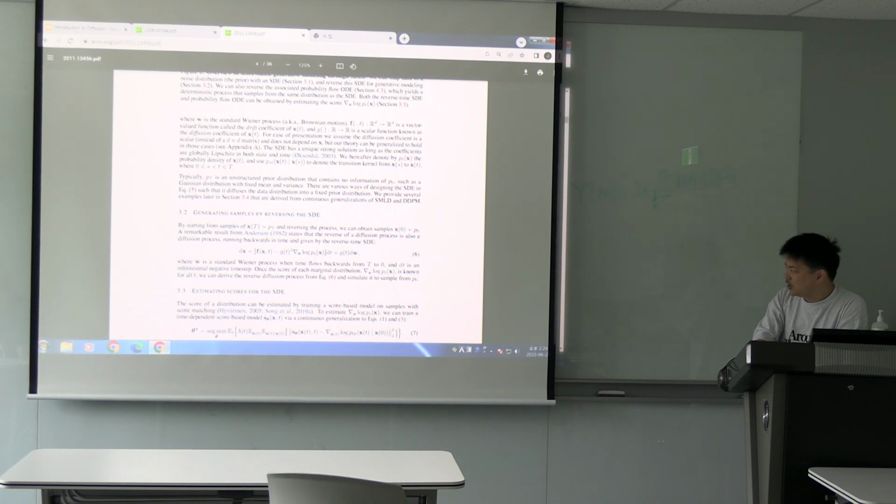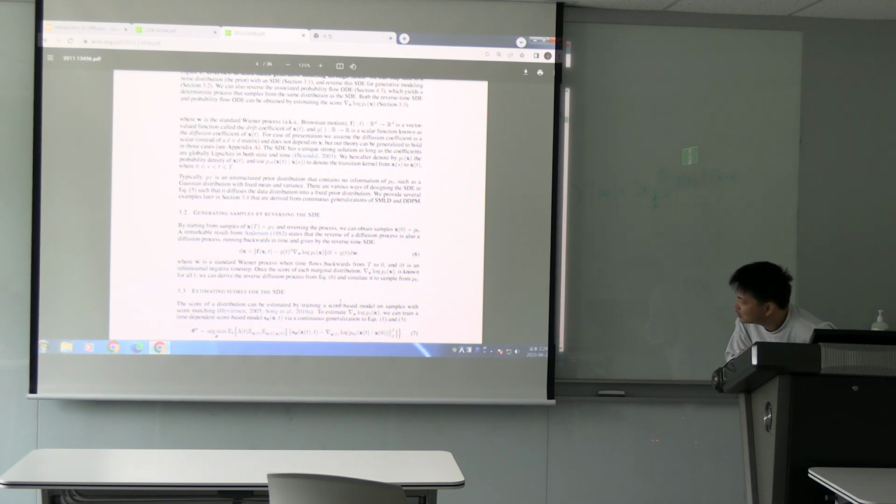Okay. And what is x here? x is the image pixels. So this shows how the image pixels move across time, x over t. And what is w here? w is a Gaussian distribution. So dx over dt is deterministic, plus a little bit of Gaussian noise, dw.